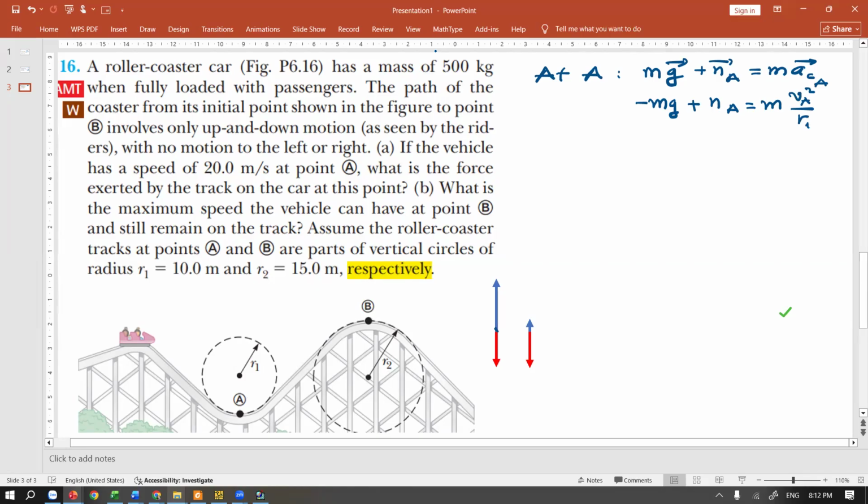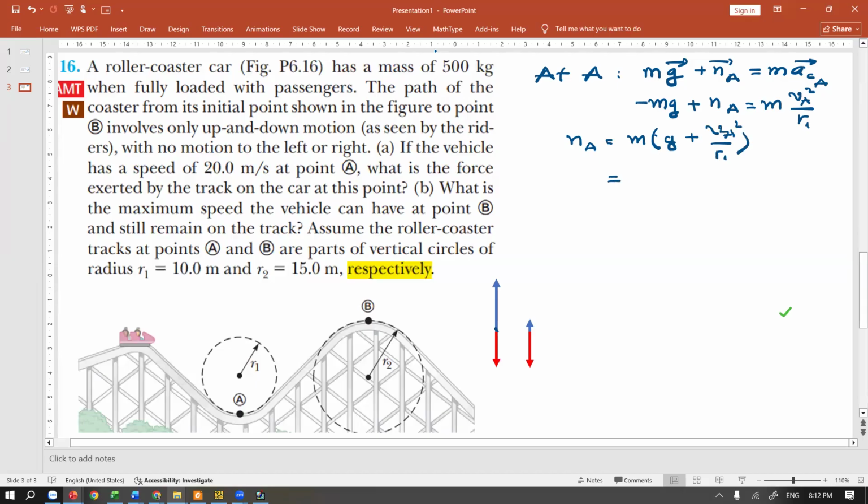So you can get the normal force at A equal to m (g plus v_A squared over R1), right?